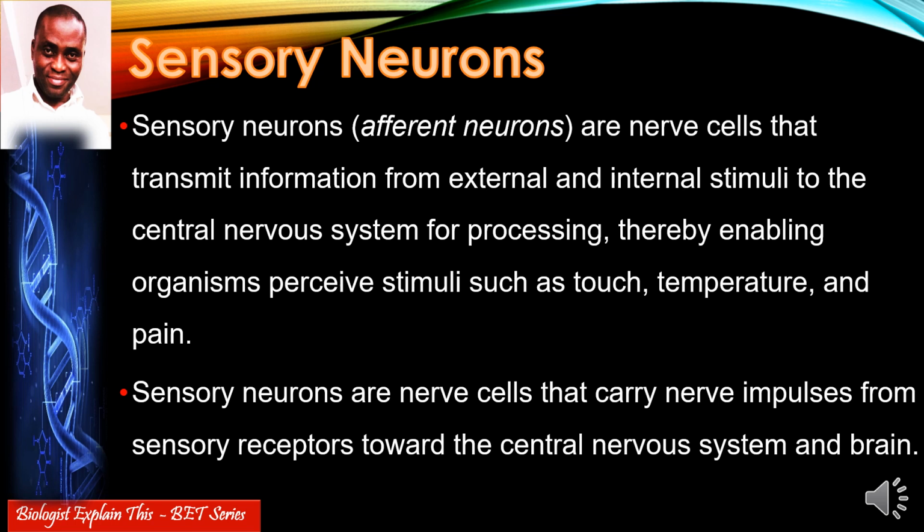And so what they do is enable organisms to transmit all kinds of stimuli, olfactory, cutaneous, visual, from receptors to the CNS by sensory neurons. It's easy and convenient to remember: they are between the receptors and the central nervous system, where you've got the brain and the spinal cord.